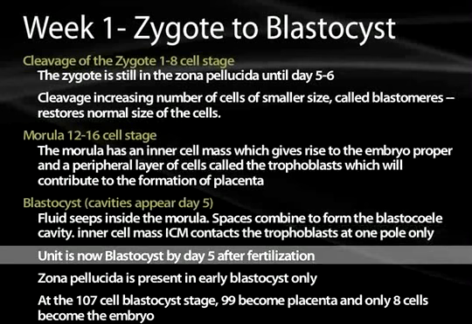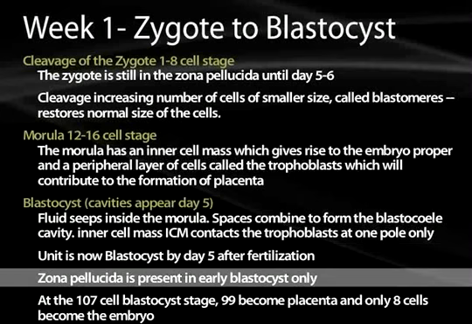Now, this blastocyst is going to be around day 5 after fertilization, and it's now getting ready for implantation. So the zona pellucida has to disappear, and it starts to break down. Once it breaks through or hatches from the zona pellucida, it's ready for implantation because it's become sticky.